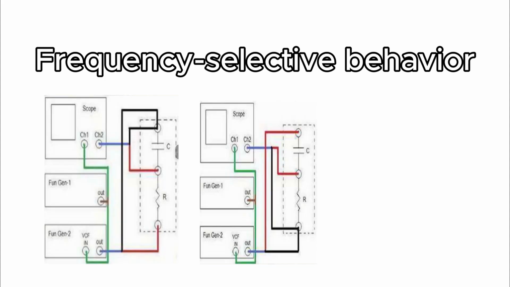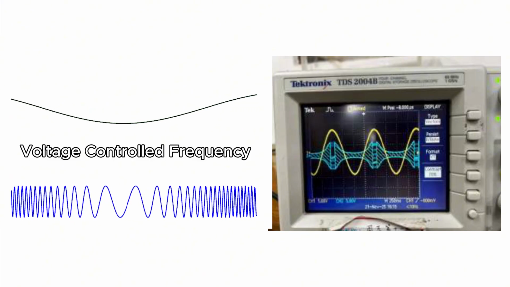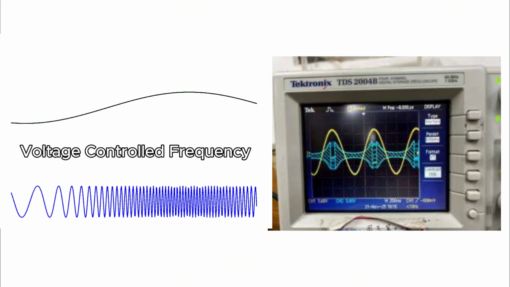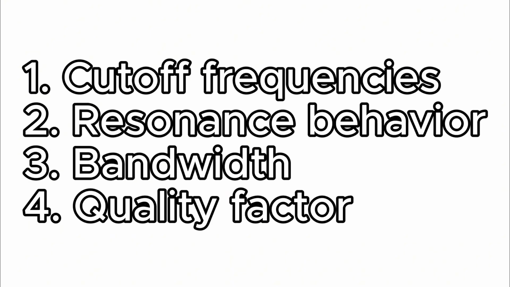In this experiment, we investigated the frequency selective behavior of RC and RLC circuits by constructing and analyzing low-pass, high-pass, and bandpass filters. Through oscilloscope measurements and frequency sweeping, we successfully observed cutoff frequencies, resonance behavior, bandwidth, and quality factor.